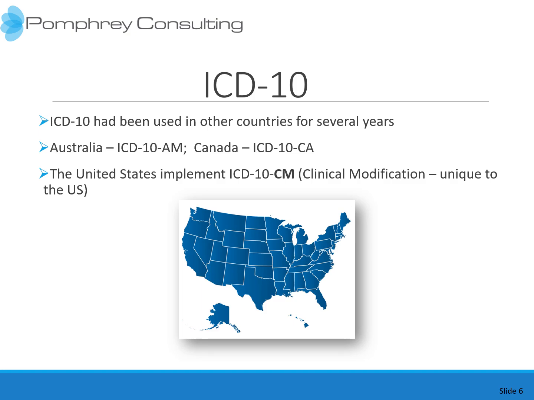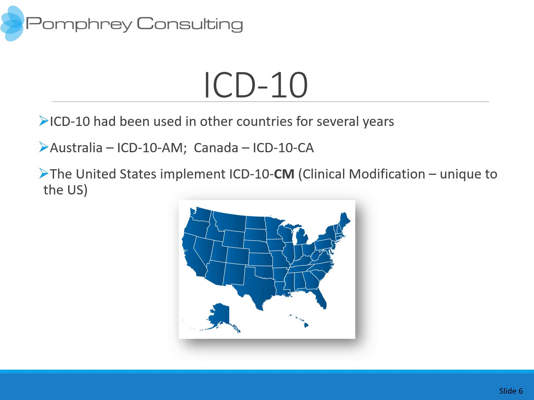Just to give you some examples of how other countries have also modified the ICD-10, so how the world classifies different diseases and diagnoses: Australia, for example, modified the classification for ICD-10 to AM in 1999, specifically for Australia, as well as Canada.